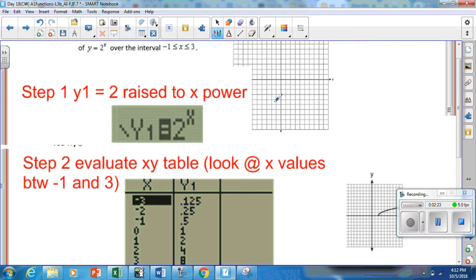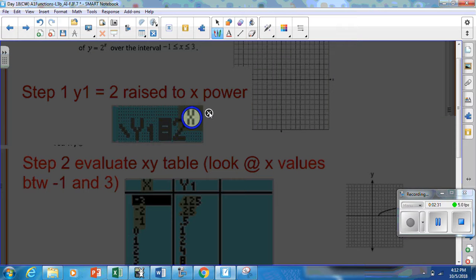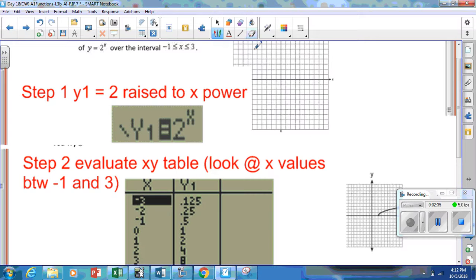The first thing we have to make note of is that this x is the variable.